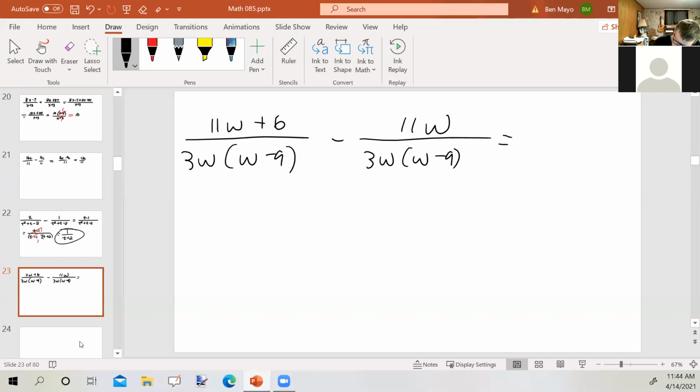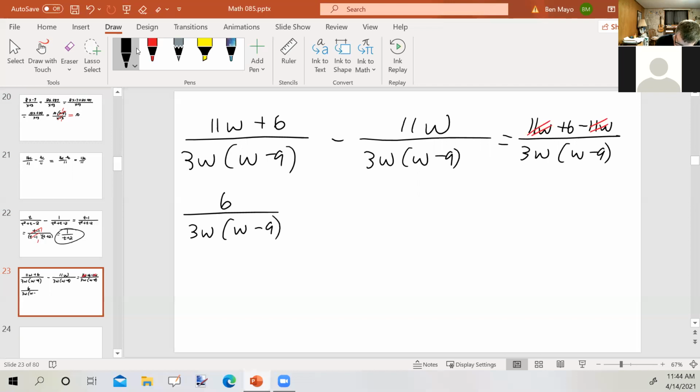So that's going to be 11w plus 6 minus 11w over 3w times w minus 9. Combining like terms in the numerator, these are going to cancel. So now I'm going to get 6 over 3w times w minus 9.